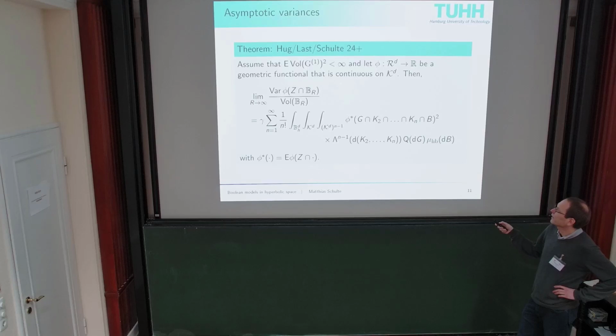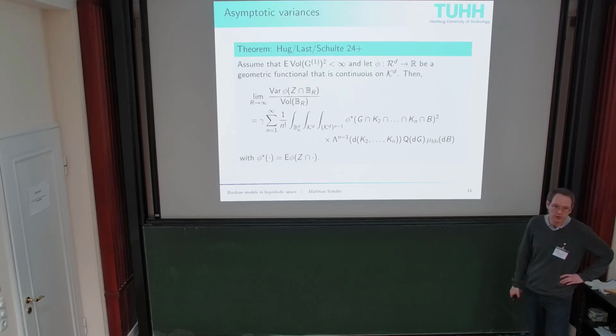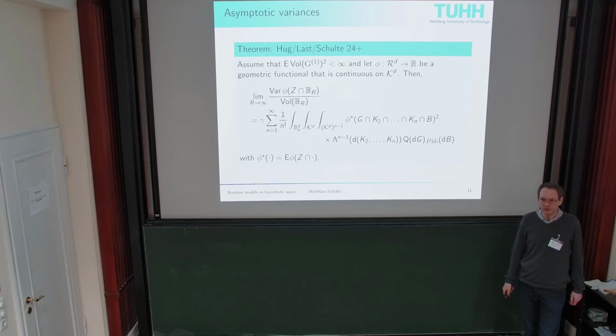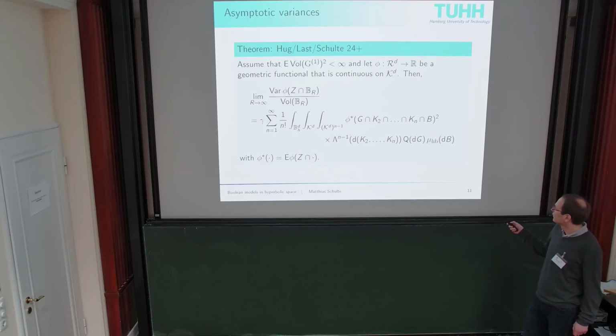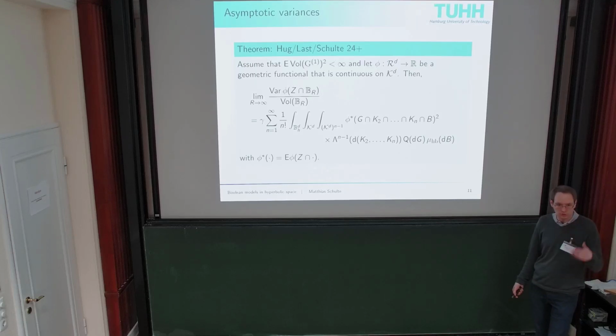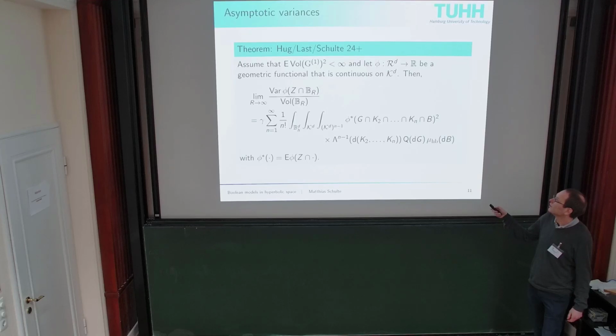The second difference is that here we need to assume continuity of phi, which is not necessary in the Euclidean case. Both these differences come from boundary effects. The horoballs come from the boundary effect, and in order to be able to control what happens close to the boundary, we also need continuity.